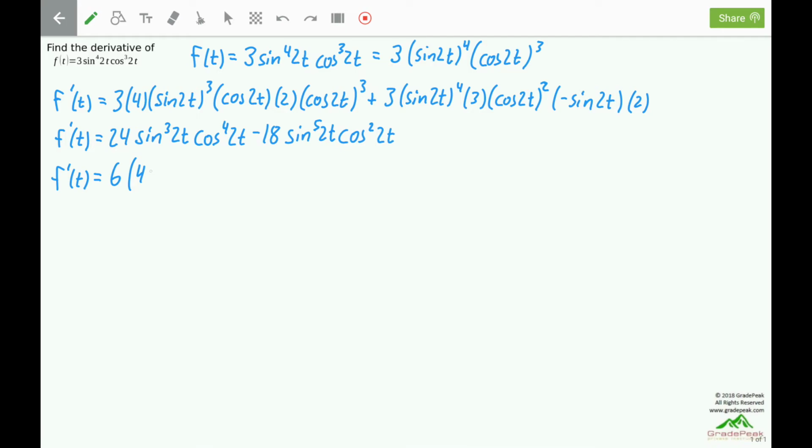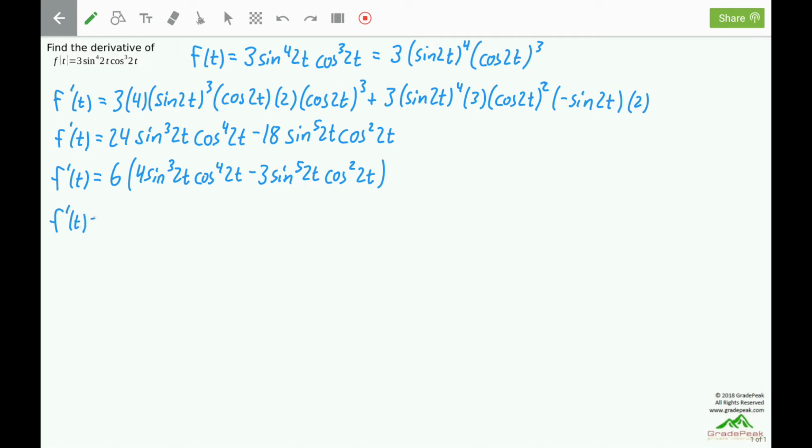Taking out a 6, we'll leave a 4 sine cubed of 2t, cosine to the fourth of 2t, and then minus a 3 after factoring out the 6, sine to the fifth of 2t and cosine squared of 2t. We can now factor out powers of the trig functions.